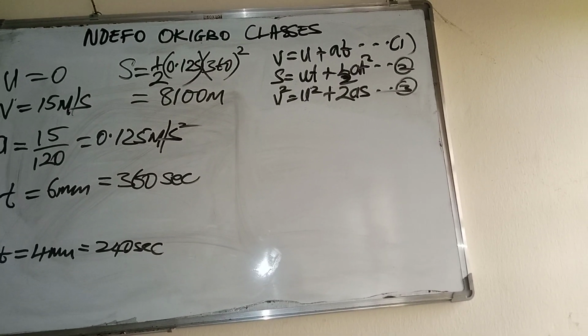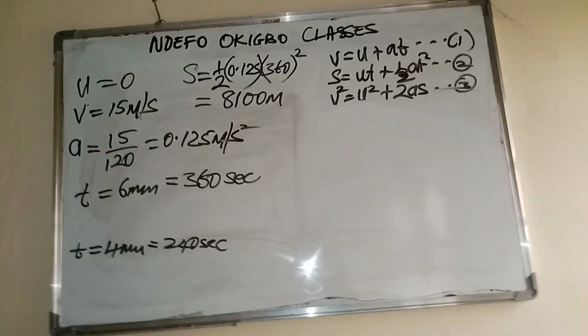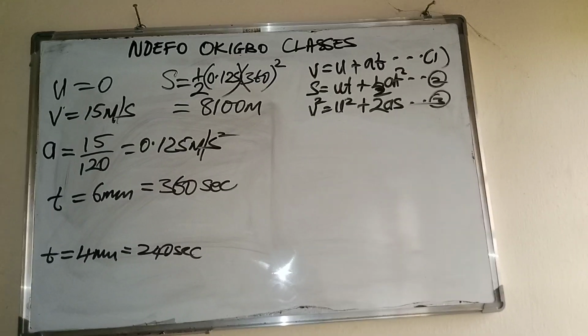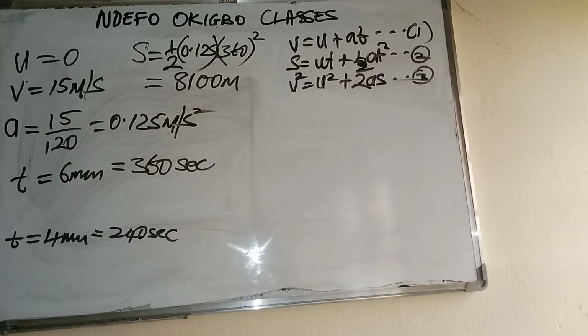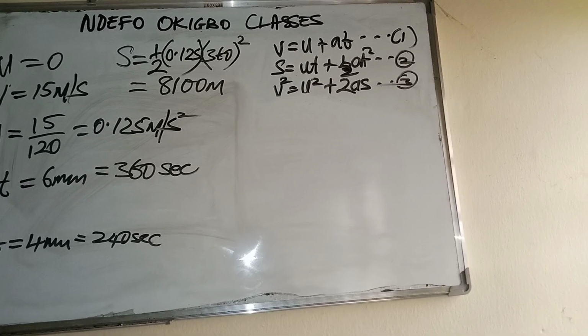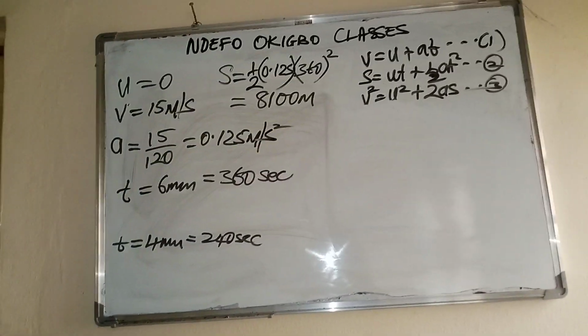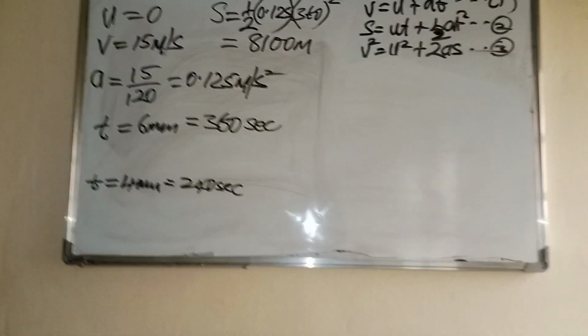After traveling that distance, it now starts to decelerate. To get the deceleration, at the time it decelerates to stop, the final velocity will be 0.